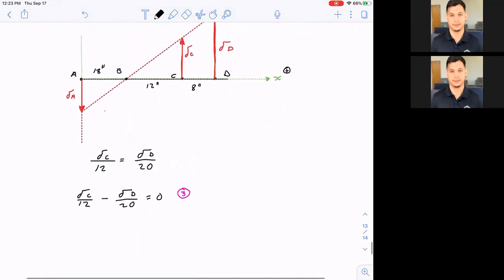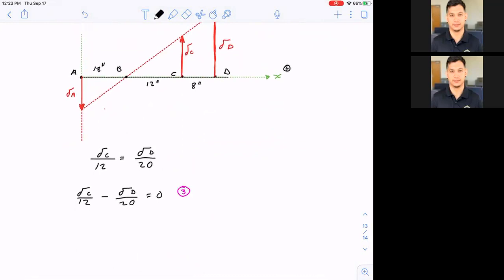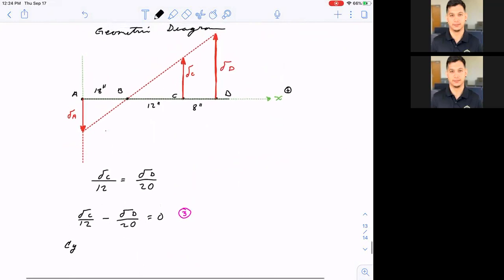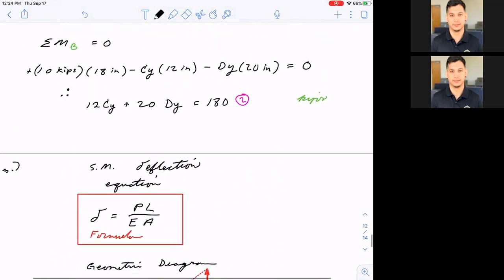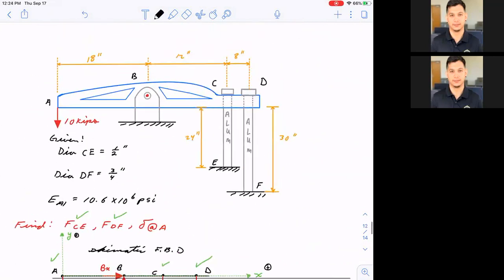So the displacement at C would be P_C times the length of member C. The length of member C is this length right here, which did they give us?